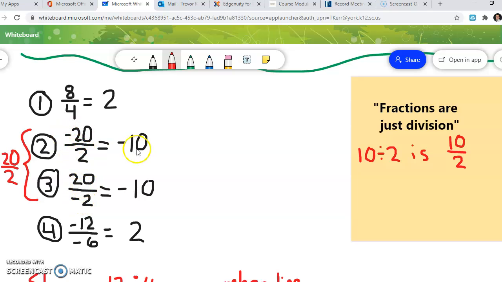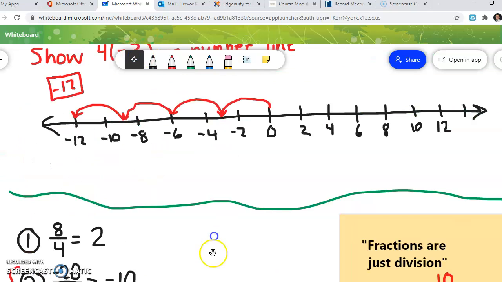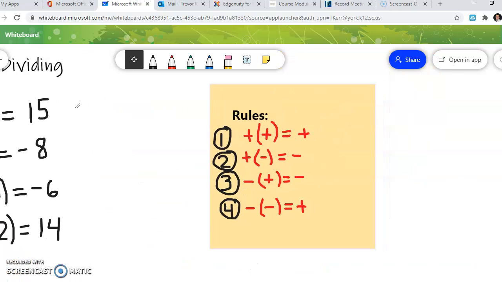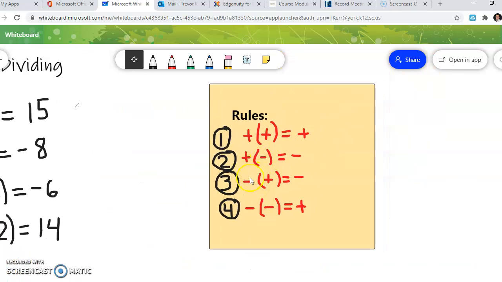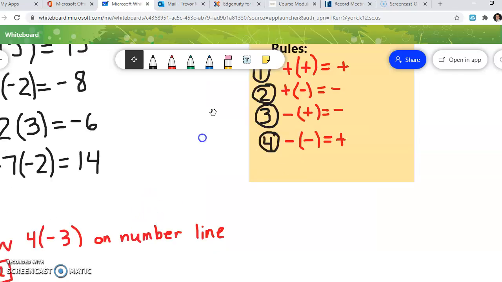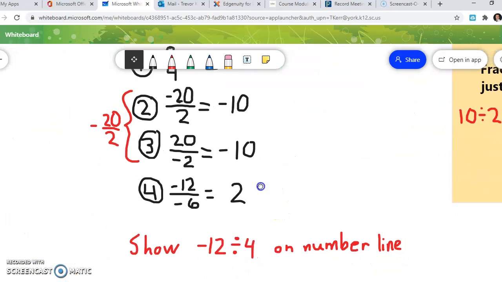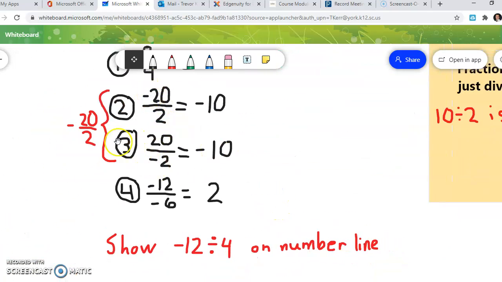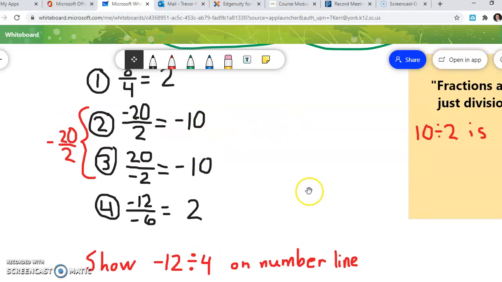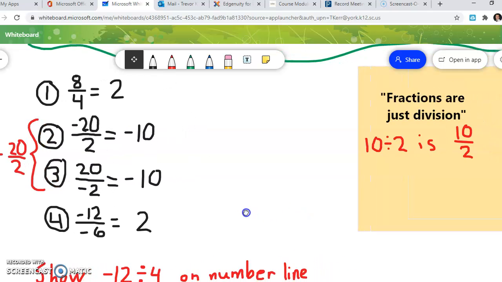If you have only one of them, the answer will be negative. And that goes along with those rules that are up here, where if you have one negative, it doesn't matter if it's second or first, the answer is going to be negative. And so same thing goes with fractions. It doesn't matter if the negative's on top or bottom, or if it's even in front like that, the answer will be negative. Okay. Excellent.